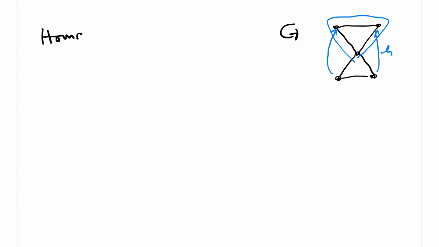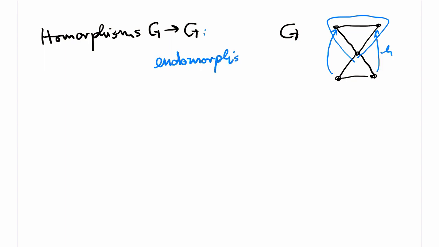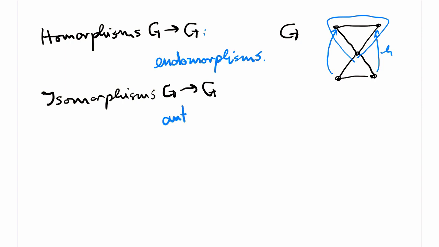Homomorphisms from G to G seem to be important, so they deserve a name. They are called endomorphisms. You might have already encountered something related, namely isomorphisms between G and G. They are called automorphisms. So automorphisms are special endomorphisms.